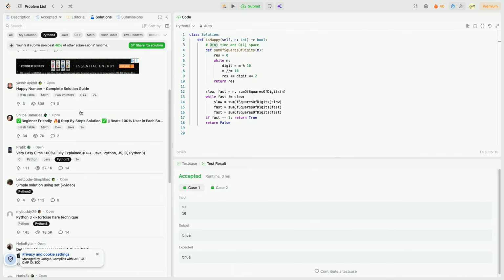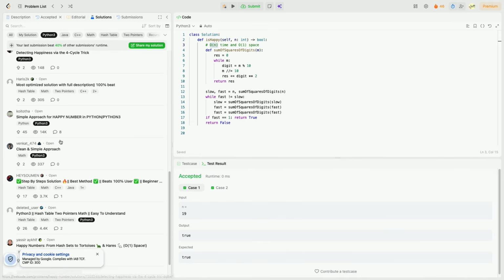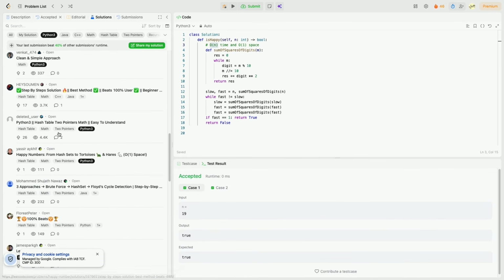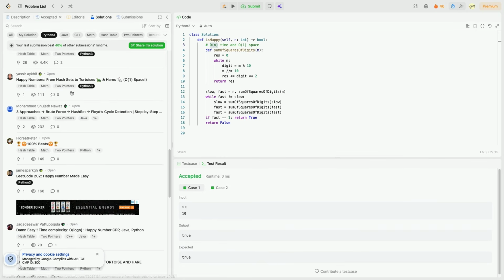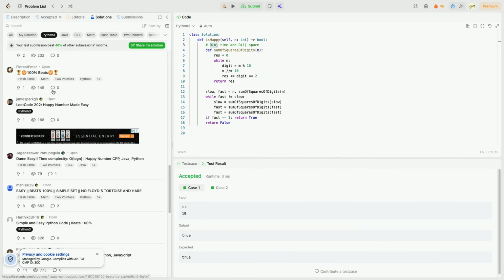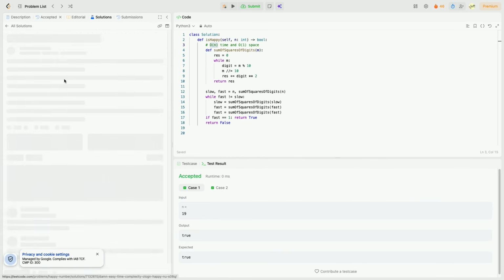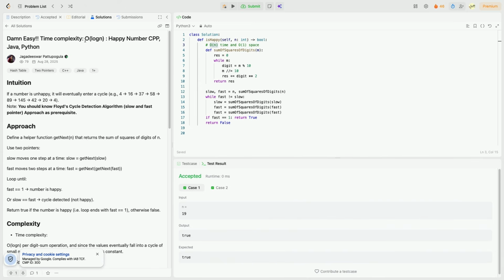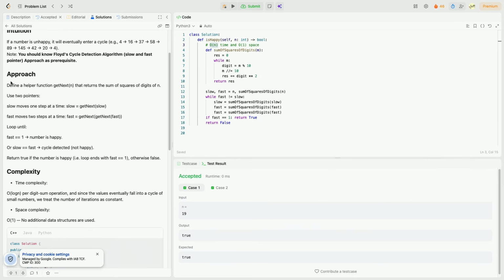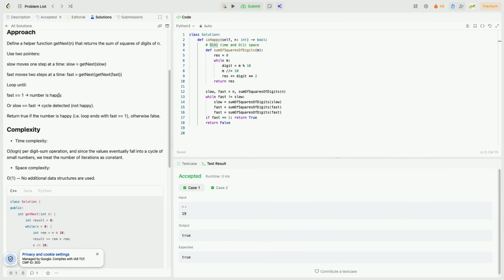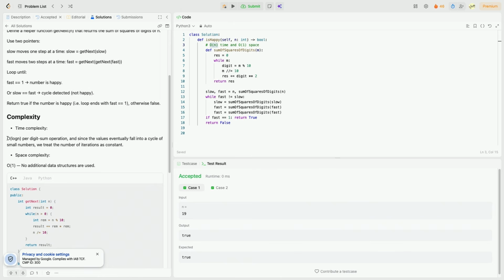What is the correct analysis? Let's see. Complexity O(log n) per digit sum operation, and since the values eventually fall into a cycle of smaller numbers, we treat the number of iterations as a constant.